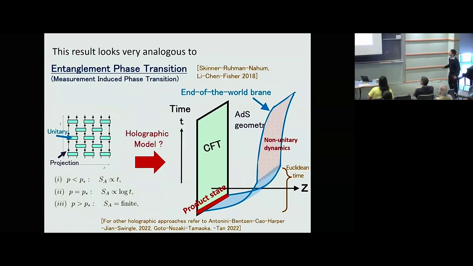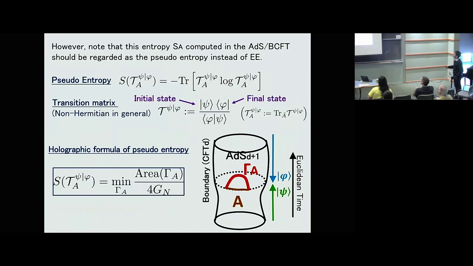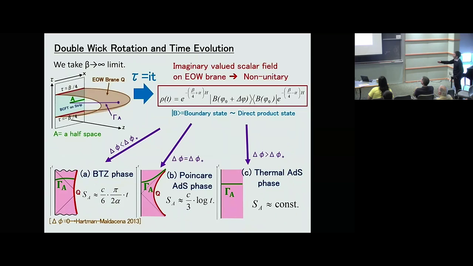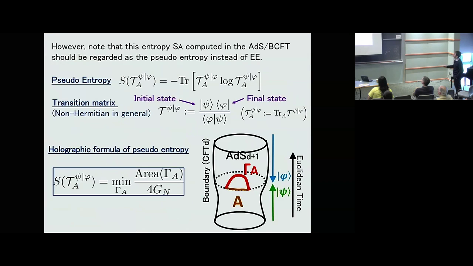This looks very similar to what people call the entanglement phase transition, or measurement-induced phase transition. So there might be some gravity dual of that, but we have to be careful that this quantity we compute, because these two states are different, is not entanglement entropy, but something we call pseudo entropy. Pseudo entropy is defined from this transition matrix tau and computes minus tau log tau.